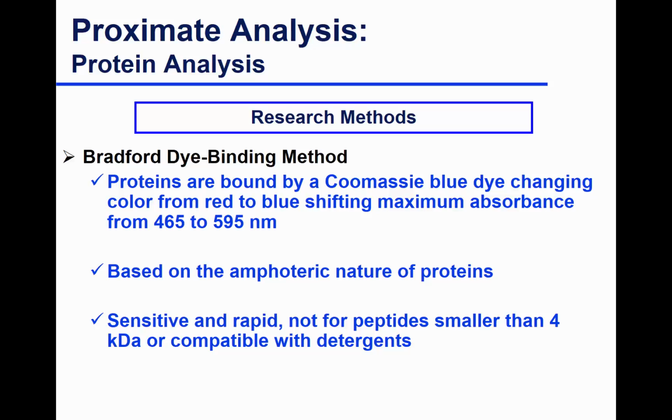As we said, it's sensitive and rapid, as you've seen in lab, but it's not for peptides smaller than 4 kilodaltons because of this hydrophobic bonding piece, nor is it compatible with different detergents, because the detergents can denature the protein. So that's where that piece comes in. Amphoteric: it has the ability to act as both an acid or a base.